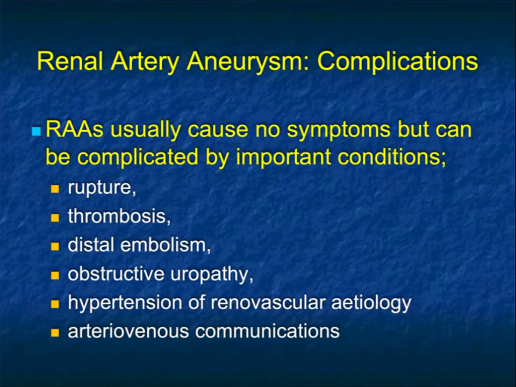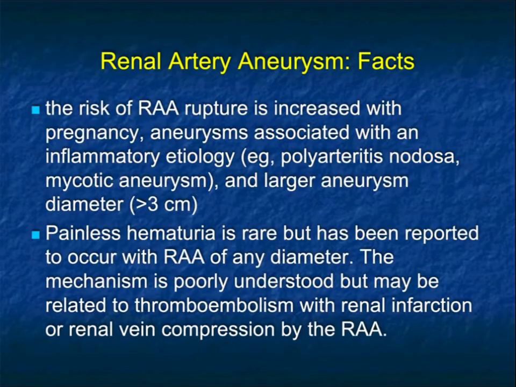Typically, renal artery aneurysms cause no symptoms, but they can be complicated by rupture, thrombosis, distal embolism, obstructive uropathy, hypertension, and AV communication. So you need to be very careful. The typical rule is that size is critical. The risk of rupture of a renal artery aneurysm increases with pregnancy, and also aneurysms associated with inflammatory components and size.